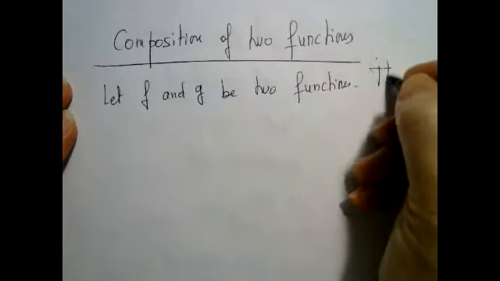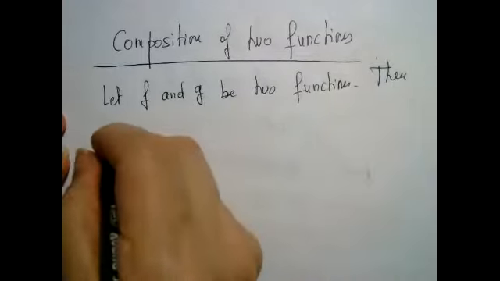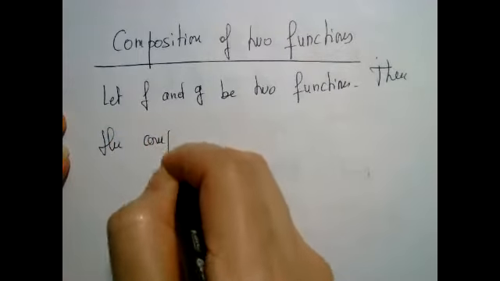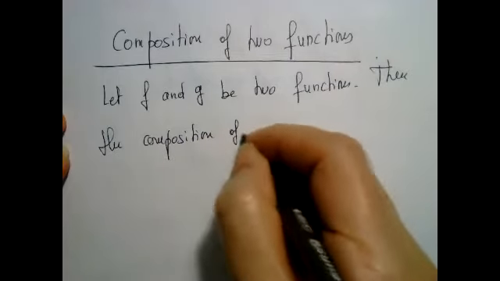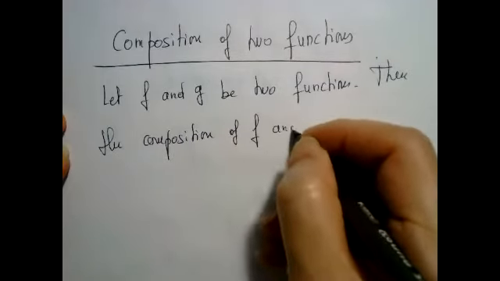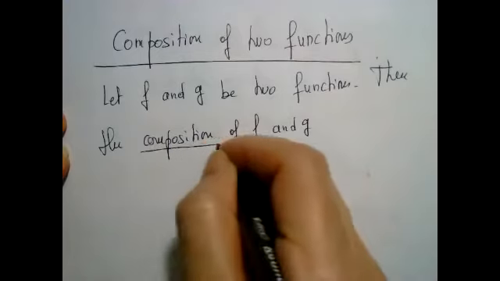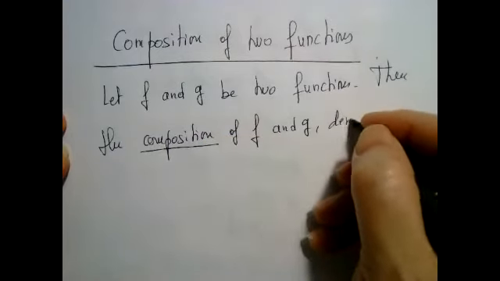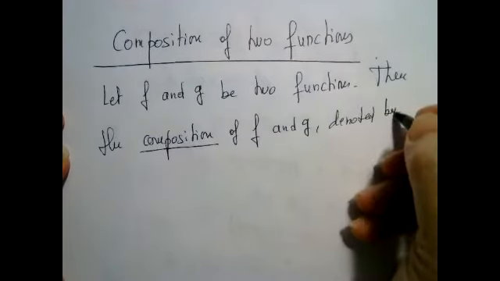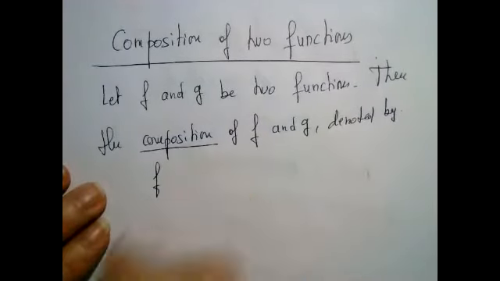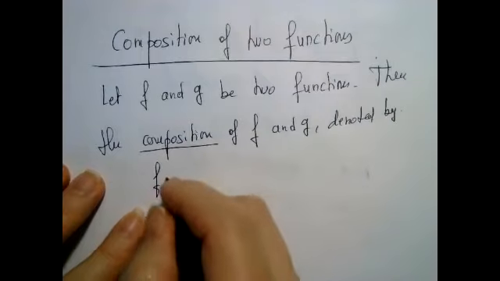Then the composition of f and g has a really weird notation. It's denoted by f, a little circle.